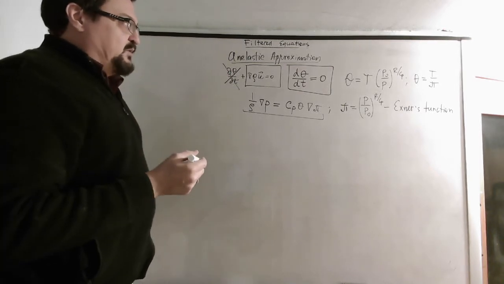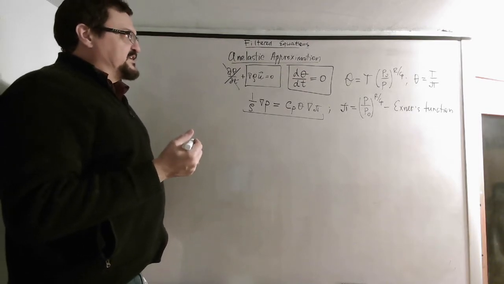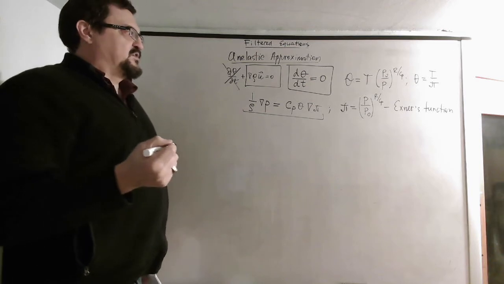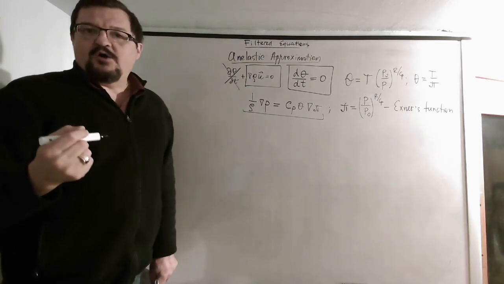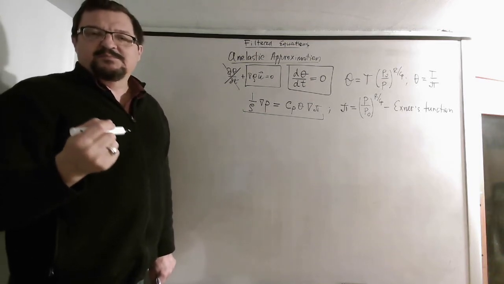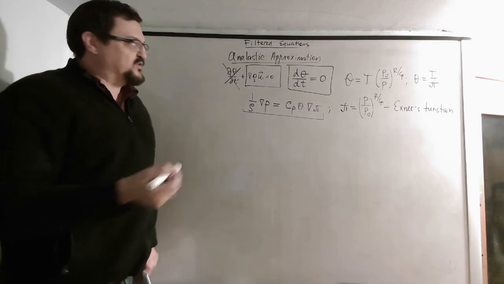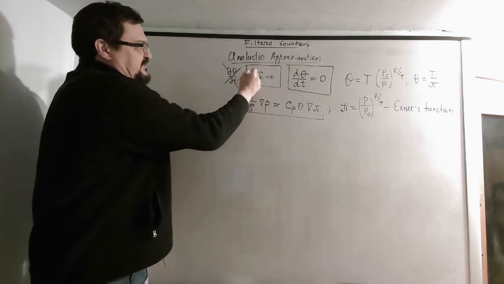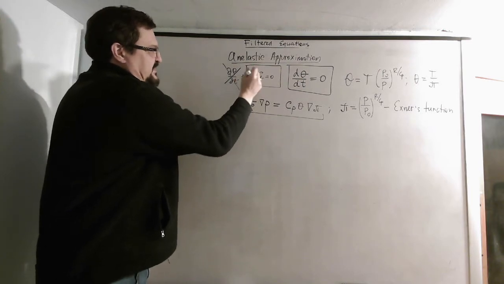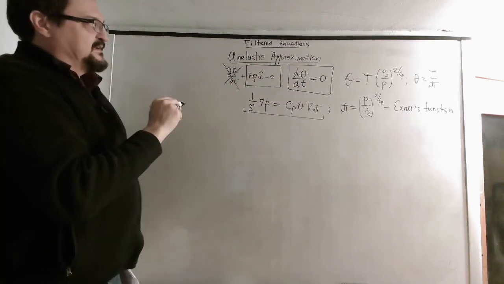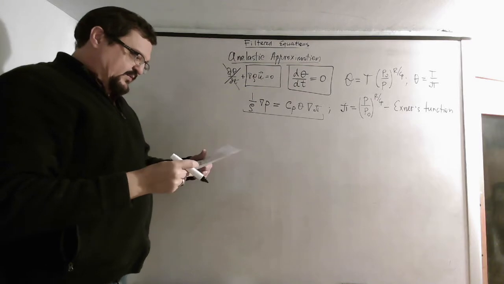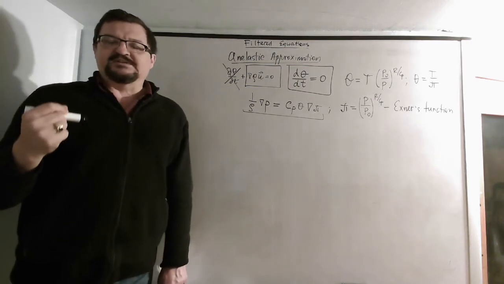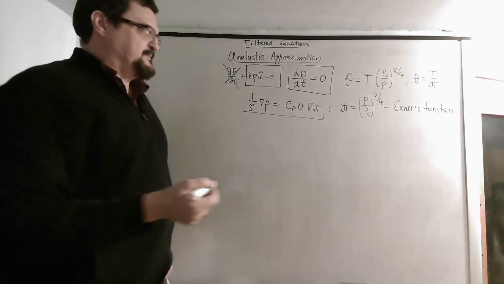And now why do we need that? Because we don't really have perturbation of density anymore. So we cannot compute our buoyancy using perturbation of density because we don't have it. So we need to use perturbation of potential temperature instead.